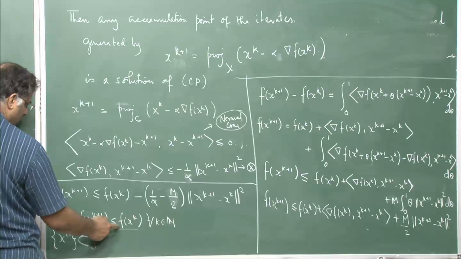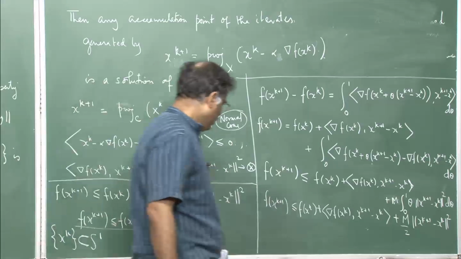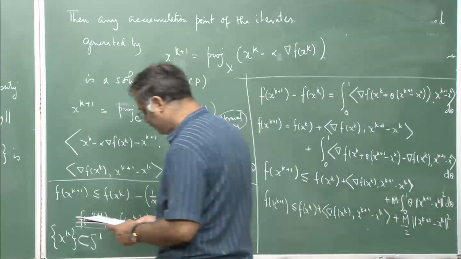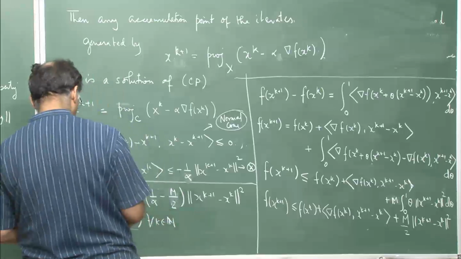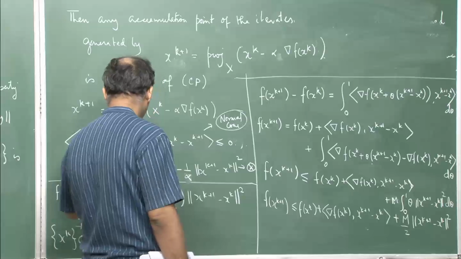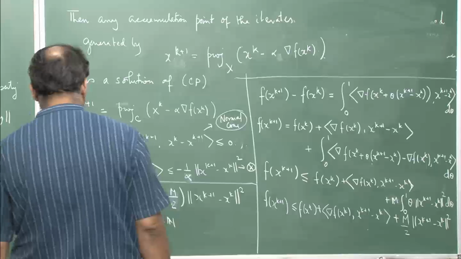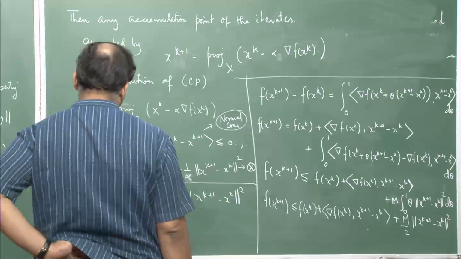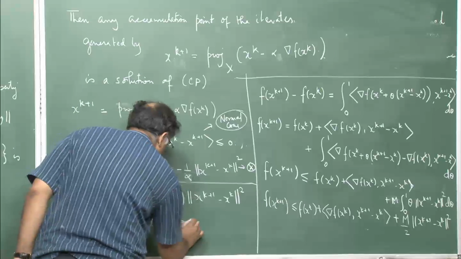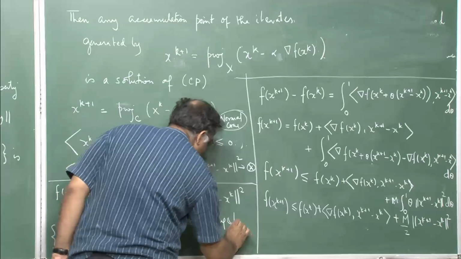So f(x_1) is bigger than f(x_2), f(x_2) bigger than f(x_3) and so on. So this is a convergent sequence. This is decreasing and hence convergent.